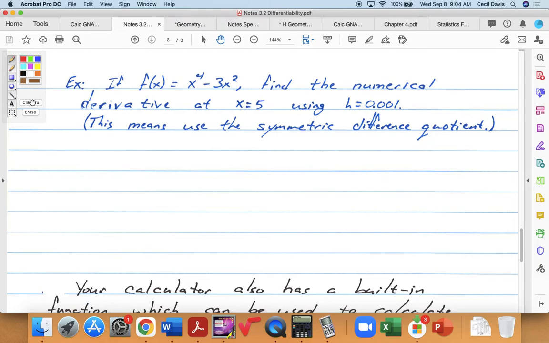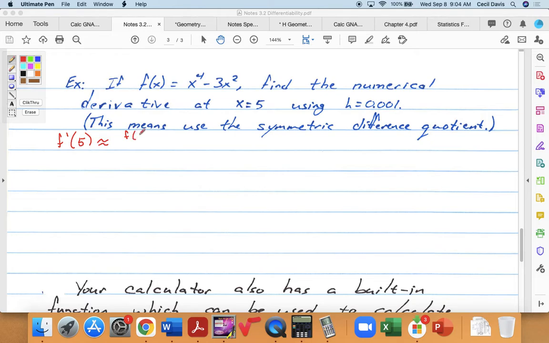So what we're going to do is say that f prime at 5 can be estimated by doing f of 5.001 minus f of 4.999 over 5.001 minus 4.999.